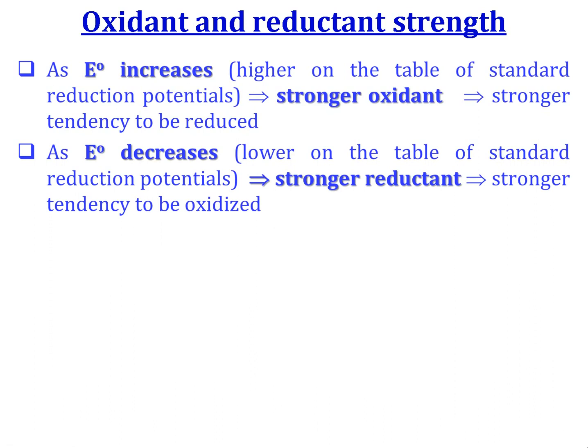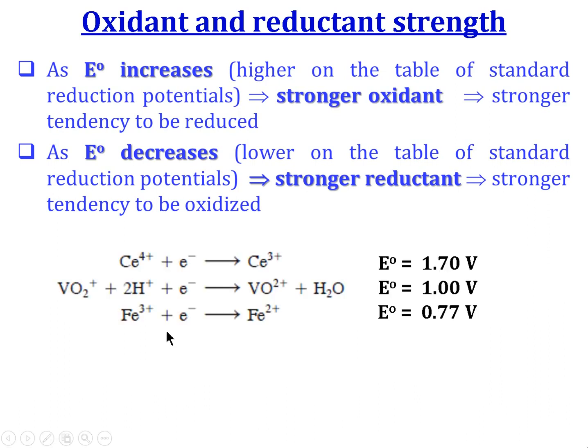As Ka of the couple increases, the strength of the acid increases and the strength of the conjugate base decreases. So for a redox couple, as E0 of the couple increases, the strength of the oxidant increases and the strength of the reductant of the couple decreases.